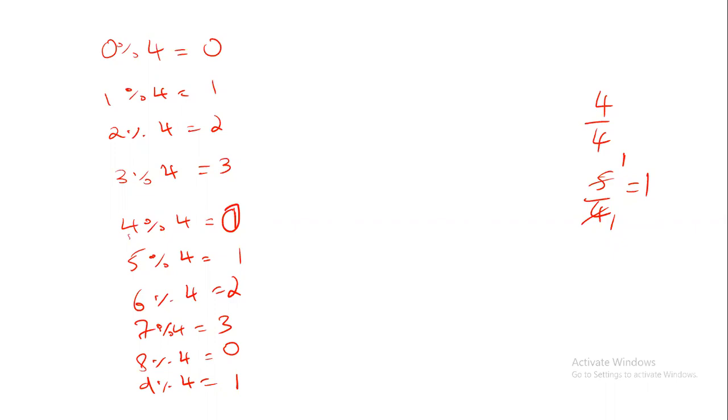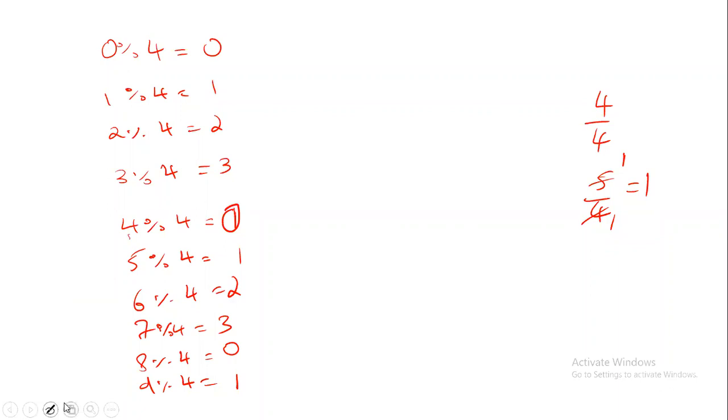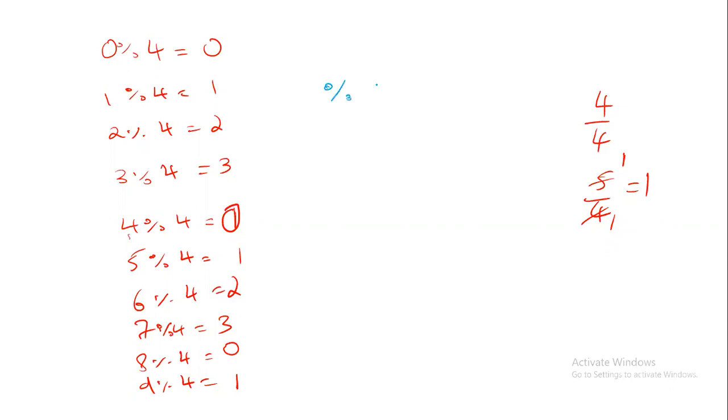The same thing here. When you use modulus k, this is what I'll be writing here with a pen of a different color. When you use modulus k, the result will be in the range of 0 to k minus 1.